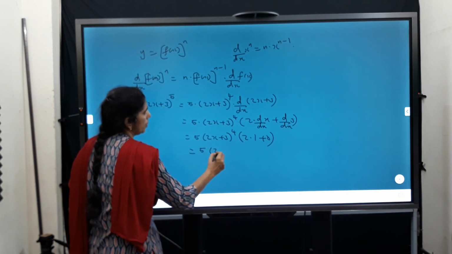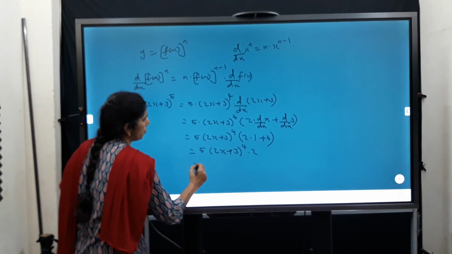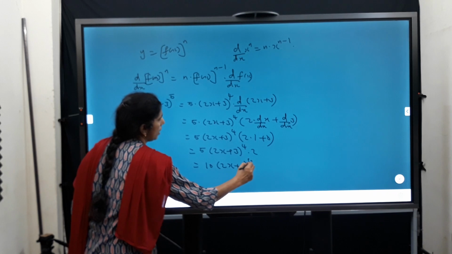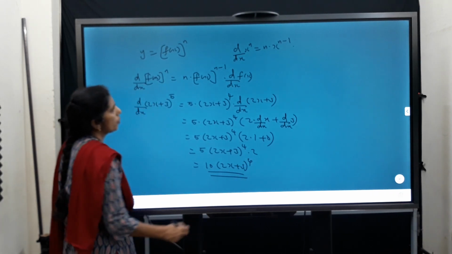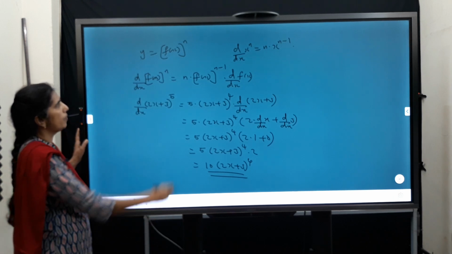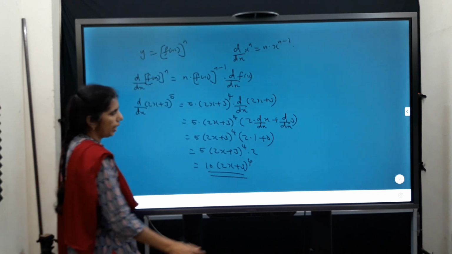That is equal to 5 into (2x plus 3) raised to 4 into 2, that is 10 into (2x plus 3) raised to 4. So using this direct formula, we can find the derivative of functions of the form f of x raised to n.